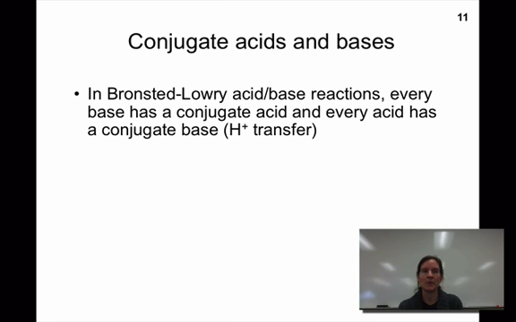What a conjugate means is that as the reaction proceeds, the thing produced by the acid will be a base, because once the acid donates a hydrogen, that new compound has a potential ability to reaccept the hydrogen going in the reverse direction. So if you have an acid, you have a conjugate base for that acid in the product area, and if you have a base, you have a conjugate acid for that base in the product area.